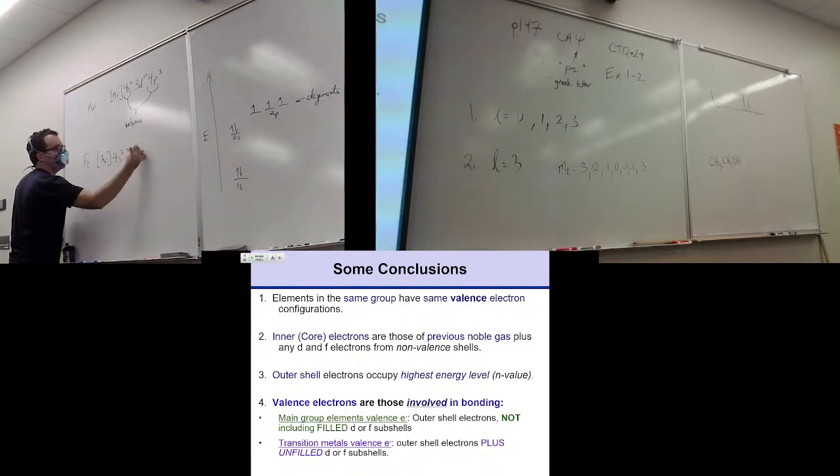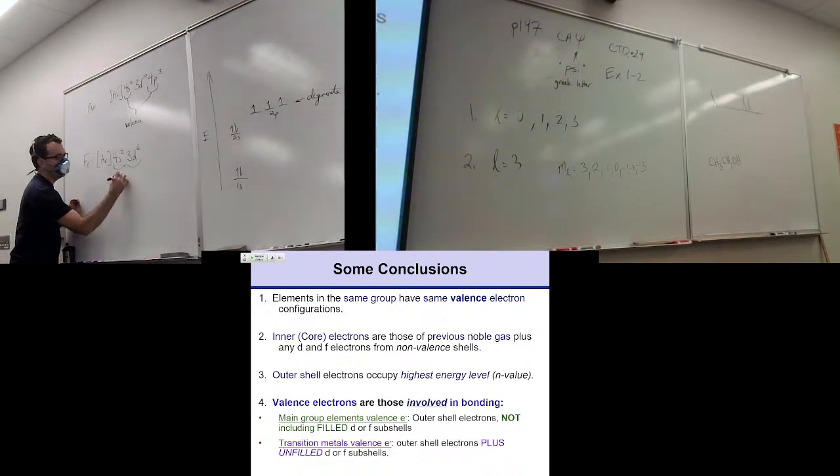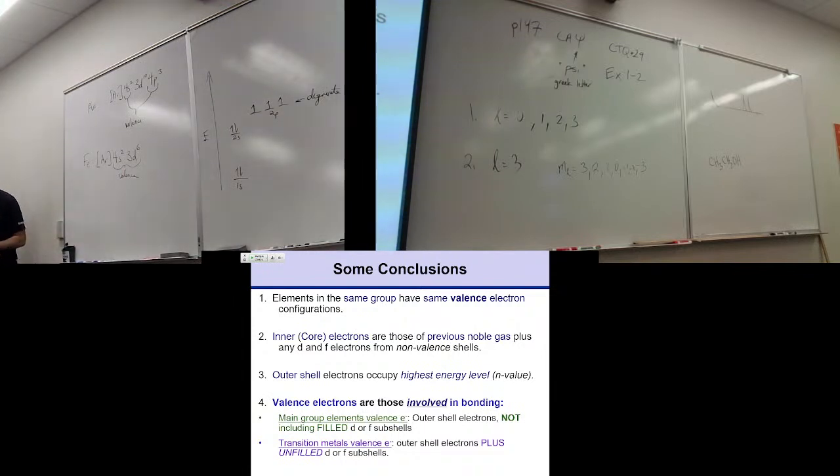Now, because it's a transition metal, I'm going to include the 3d electrons as part of my valence electrons. So these are all valence now, and there are 8 valence electrons in iron. So the definition of a valence shell, valence orbital or valence electron depends on whether you're talking about a transition metal, the group in the middle, or a main group element, the s or p block elements.